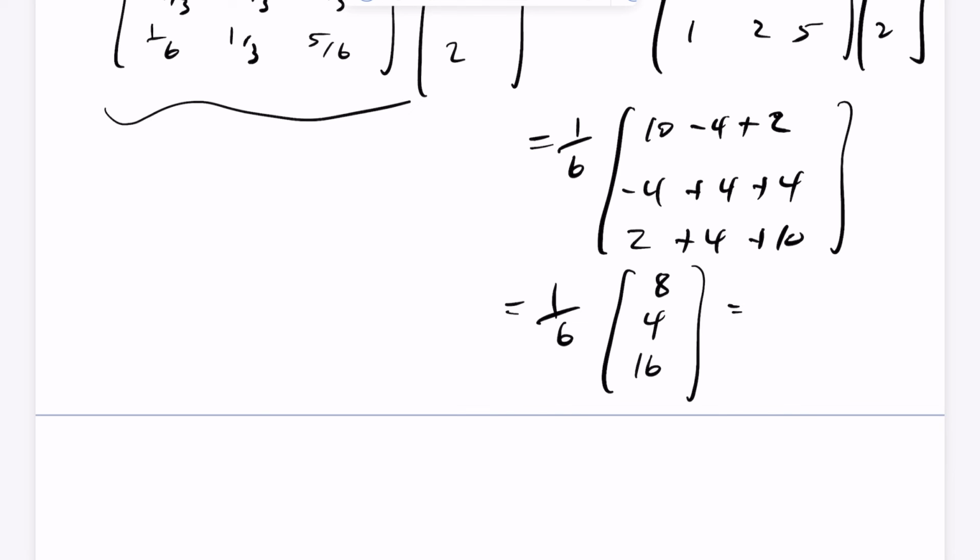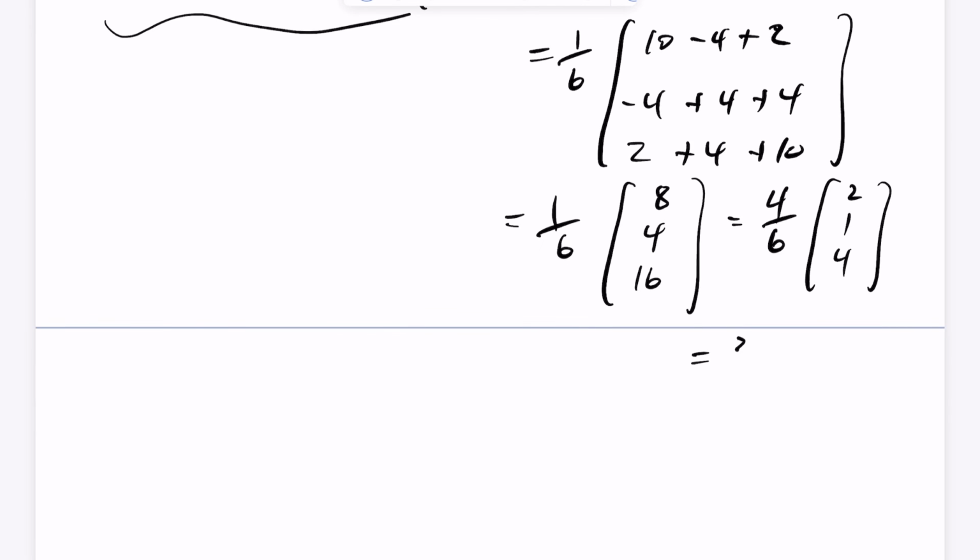You can go ahead and distribute the 1/6, or you could factor a 4 out of this whole thing. A 4 will come out of the entire expression, in which case this becomes 2, 1, 4. And you can see this ends up being 2/3 times 2, 1, 4 as the vector here.